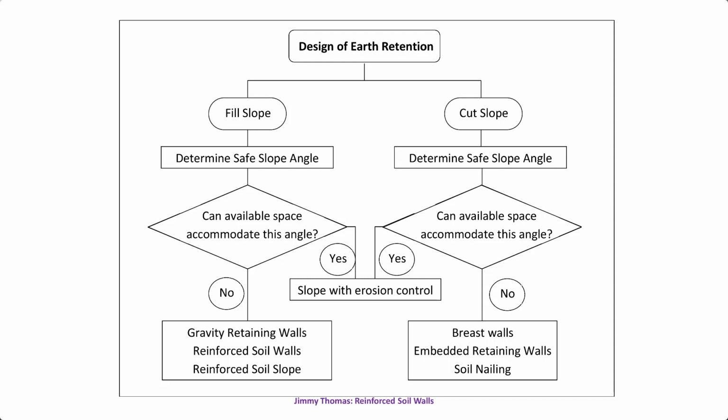A breast wall is a specific type of retaining wall in which there is no backfill. That means the retaining wall is put directly against the slope. Then we can go for embedded retaining walls, sheet piles, bored piles, diaphragm walls, etc. Or we can go for soil nailing, a tie-back wall, or ground anchors.